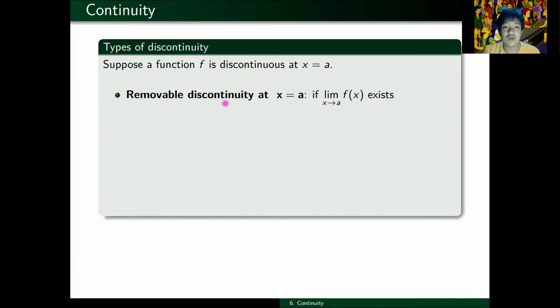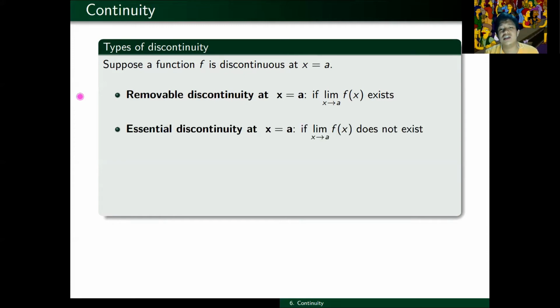Basta alam mong discontinuous siya, but not because of the second condition. So kapag yung limit nag-exist despite being discontinuous, that is a removable discontinuity. Otherwise, kung hindi nag-exist yung limit, you say it's an essential discontinuity. And this includes po yung mga limit na infinity. Again, yung mga limits na infinity, those are limits that doesn't exist. No? So there you go.